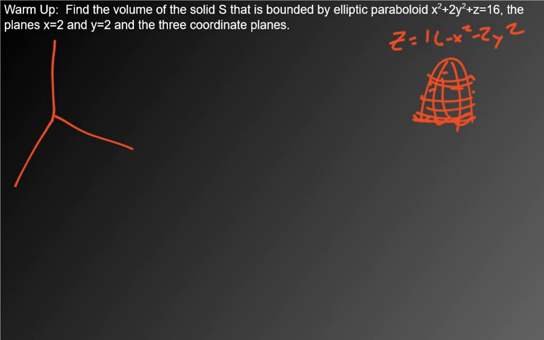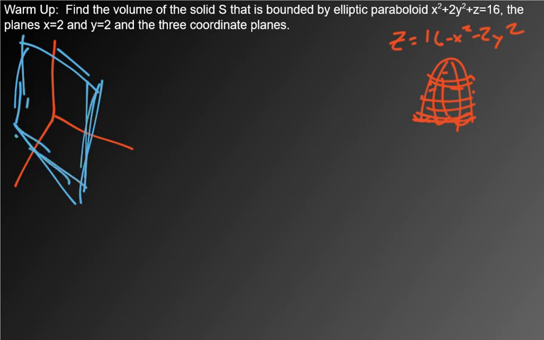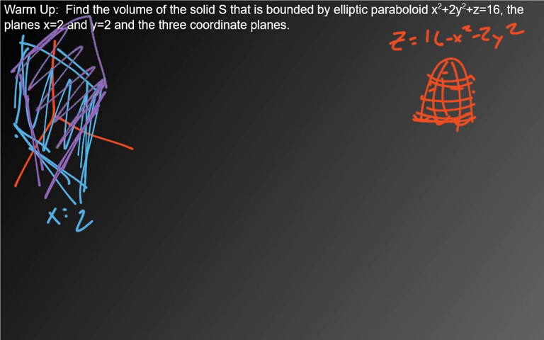But basically what we have happening is you have these two planes, x equals 2, which I'm going to say is right here, oh, it's horrible parallel lines. So that's x equals 2. And then I've got y equals 2, which I'm going to say is that one, cutting through y equals 2 over there.